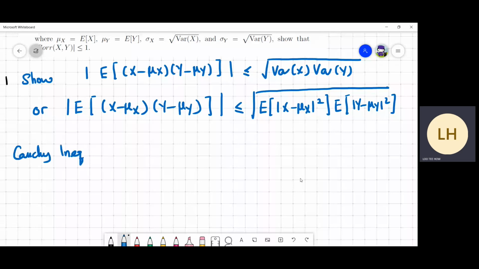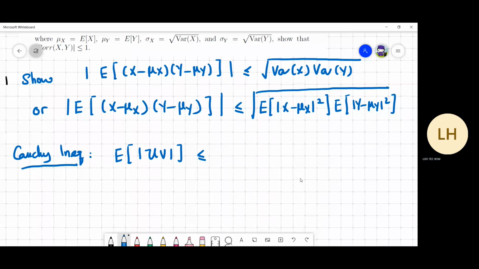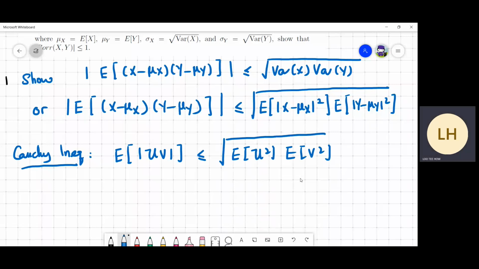By replacing x and y with u and v, it becomes like this: E of modulus of uv is less than or equal to the square root of E of u squared times E of v squared. Right, so now I think it's quite clear already.